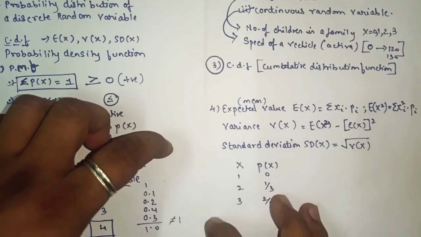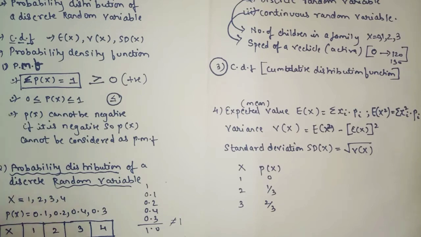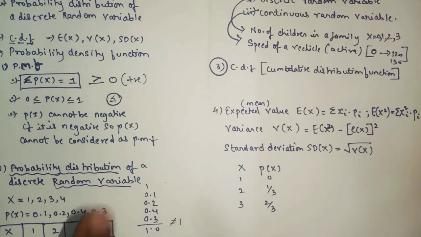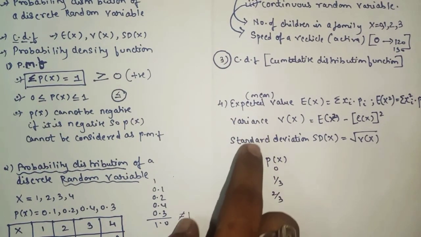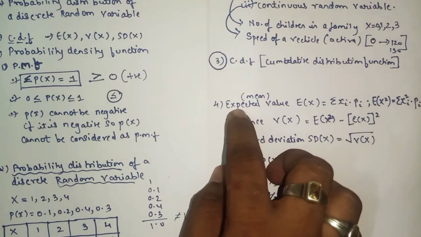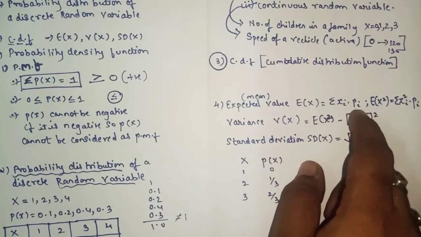Then after that, we started with the main concept. I told you that in the first exercise, the majority of the sums are based on point number 4. That means you will have a table like this where you have to find expected value, variance and standard deviation. So the formula for expected value is the total of xi pi.